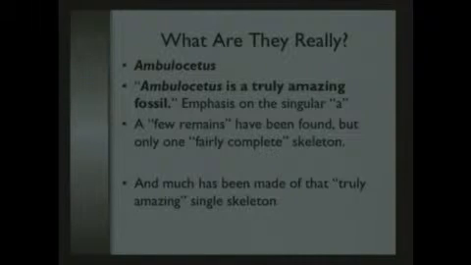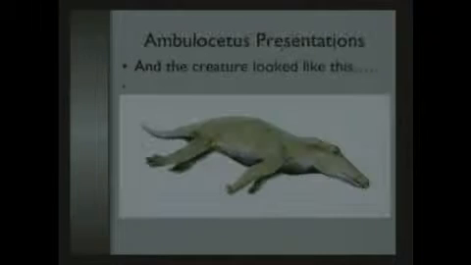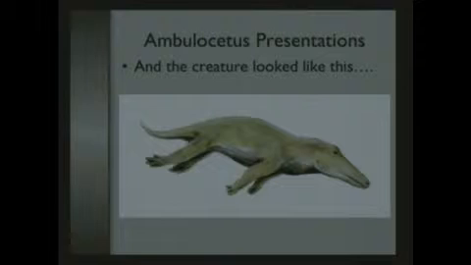Remember, we're looking for morphology here, right? Morphology is going to tell the tale of the lineage. From that very partial, incomplete, single skeleton, we have this species as it's usually rendered by artists. And look, it's a swimmer, like a whale would be.